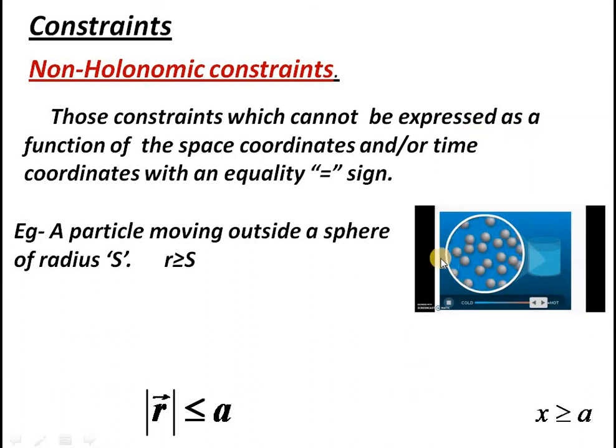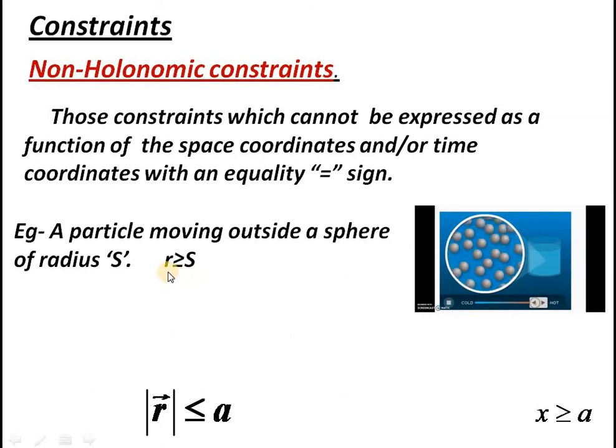One example is given, so let us make it clear with this example. Here there are certain particles moving in a spherical shell, moving randomly within this space. So the radius of the sphere, even though it is a constraint, a limitation, they are still free to move anywhere within it.